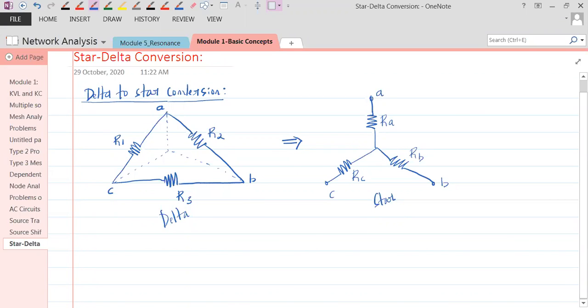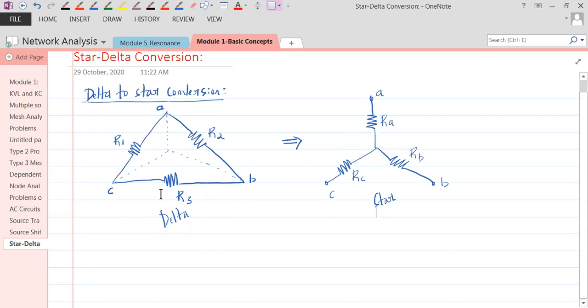What we are looking at is, suppose a delta is given, how to obtain a star. Delta means R1, R2, R3 are available. With R1, R2, R3 available, how can I obtain RA, RB, RC is the question, because I have to obtain a star out of the delta.